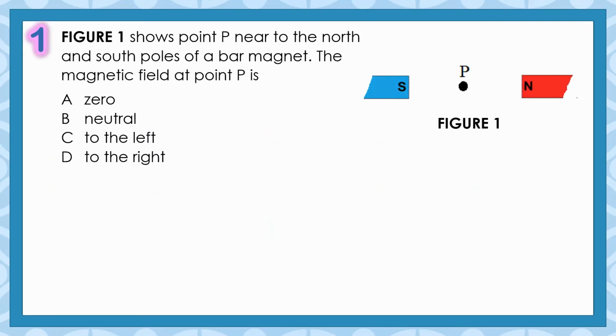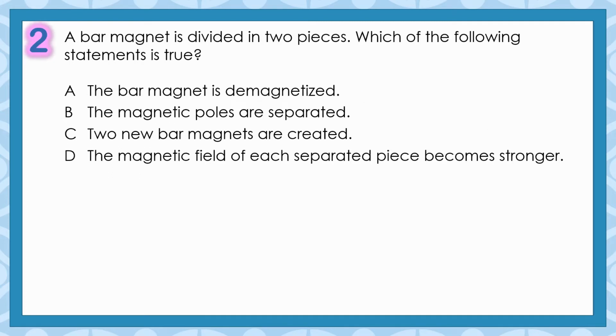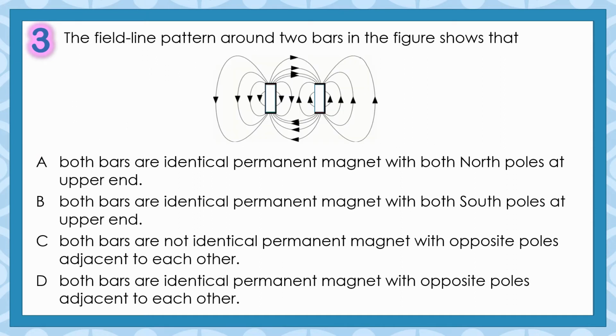Take a look at question number 1. Figure 1 shows point P near to the north and south pole of a bar magnet. The magnetic field at point P is? For question number 2, a bar magnet is divided into two pieces. Which of the following statements is true? Question number 3.